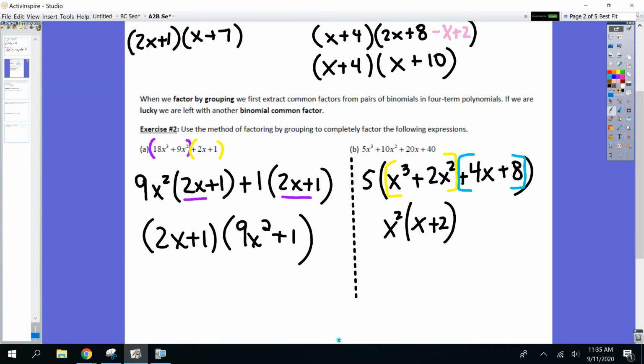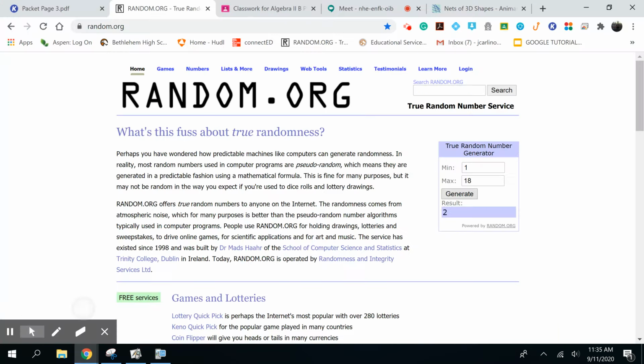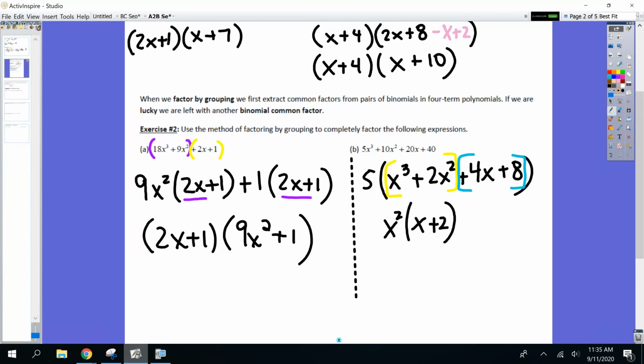Okay, next. What can I take out of the second grouping? Colin. 4. Take out a 4. What's left? X plus 2. Better be, because I group wrong if it's not X plus 2.